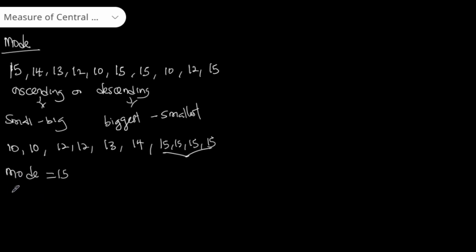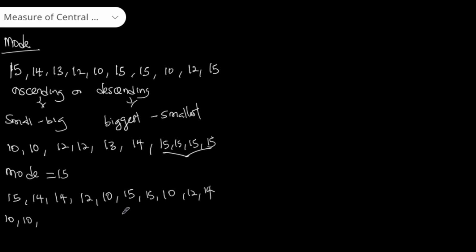So in a situation where we have this kind of data, look at this. We have 15 years, 14 years, 14 years, 12 years, 10 years, 15 years, 15 years, 10 years, 12 years, and then 14 years. If you rearrange, you see that 10 occurred how many times? Twice. So we have 10 and 10.